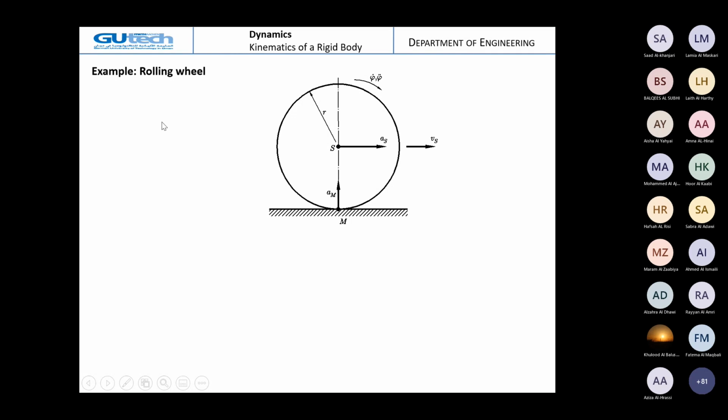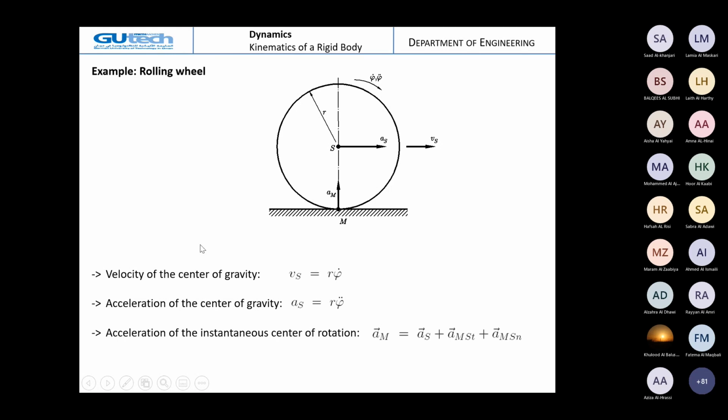The case, for example, of the rolling wheel: we know the angular velocity, we know the angular acceleration, and we know the acceleration of the center of mass, AS, and its velocity, VS. Now, the velocity of the center of mass, VS, is only R phi dot. The acceleration of the center of mass, AS, is only R phi dot dot.